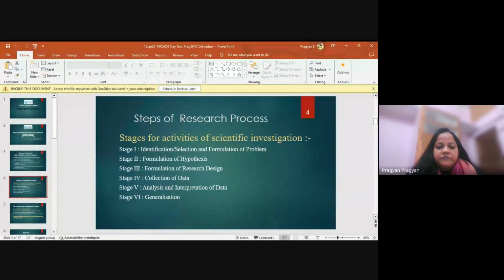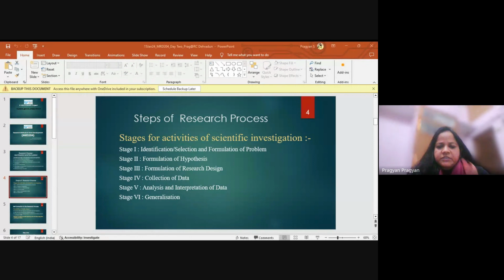It follows the simplest format, where you can see identification or selection and formulation in just one step, and the second one is formulation of hypothesis. Then third is formulation of research design.